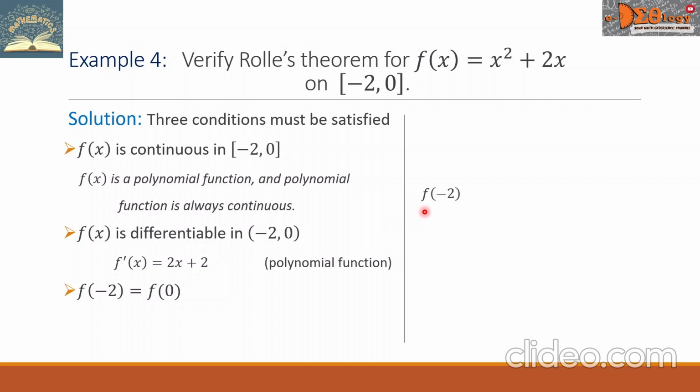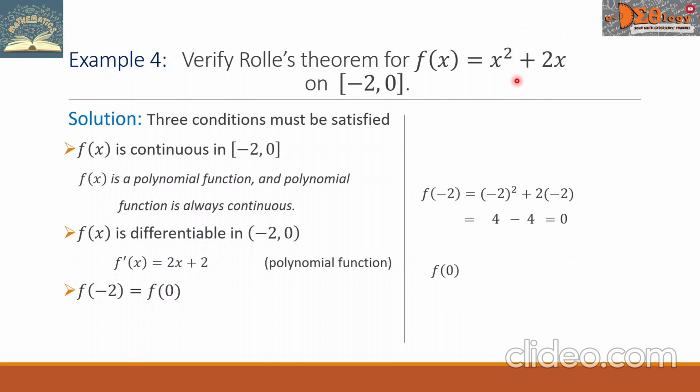Let's begin with f of -2. With a given function here, we change the x by the -2. So the right side becomes the square of -2 plus 2 times -2. Square of -2 is positive 4. 2 times -2 is -4. 4 minus 4 equals 0. Then f of 0.